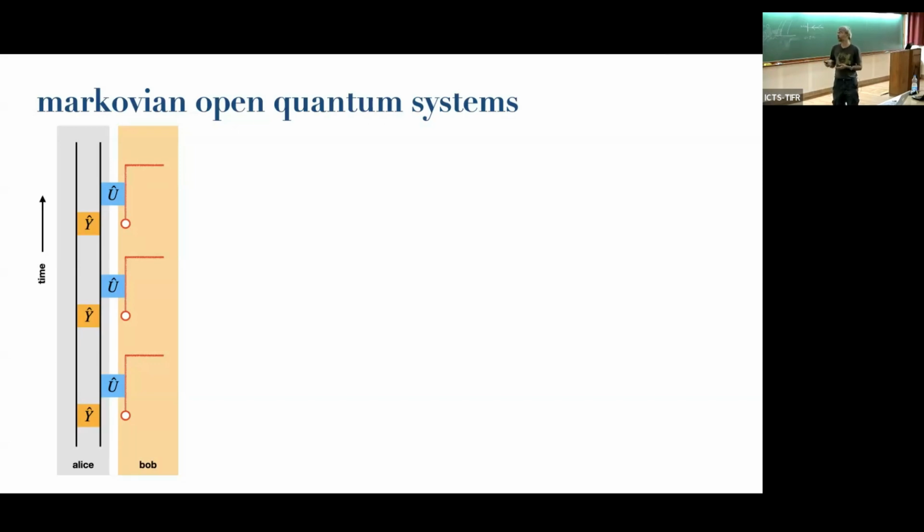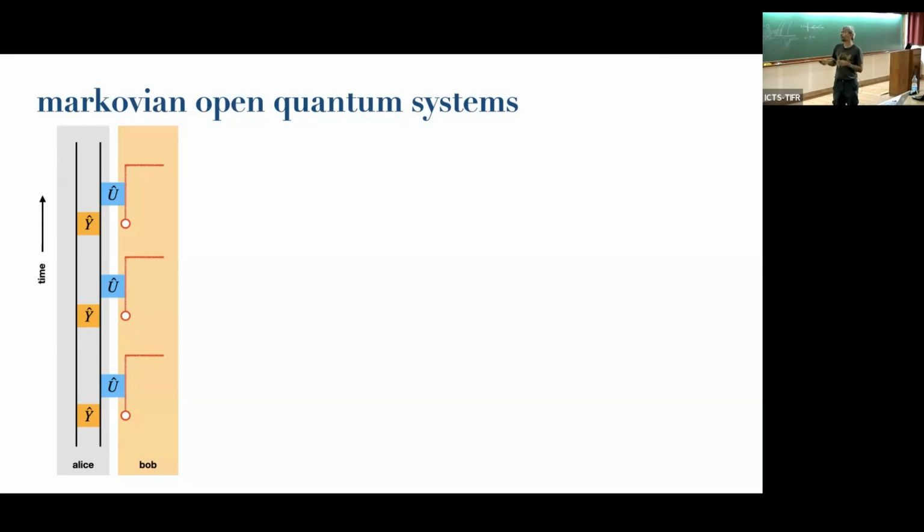So in a Markovian open system, what happens is that at each time step, Bob comes in with a new qubit or some new Hilbert space that's in a reference state, which I've marked by this little blob. By the way, most of you, I assume, were at Austin's talk this morning, so this notation should make sense.